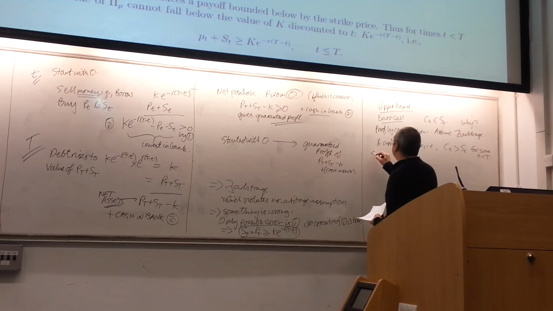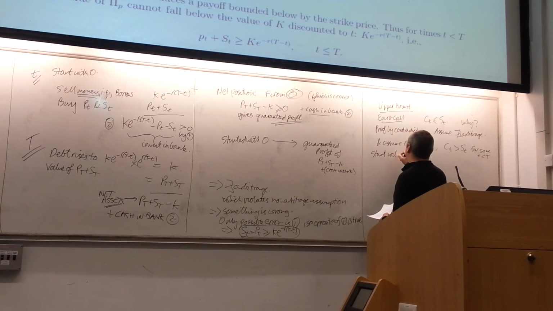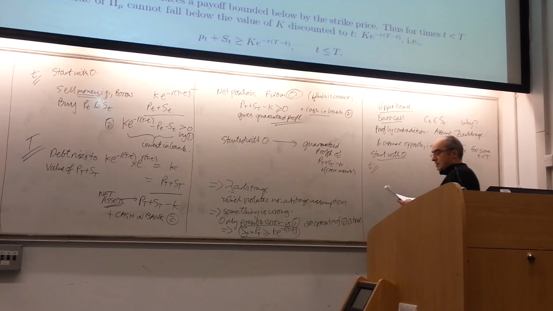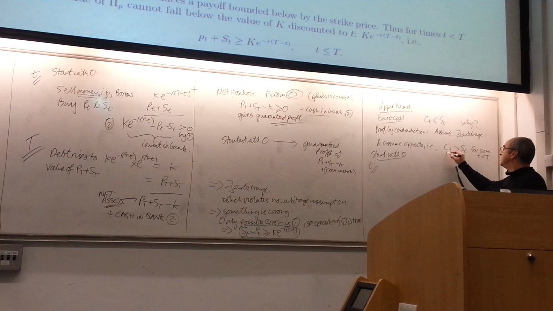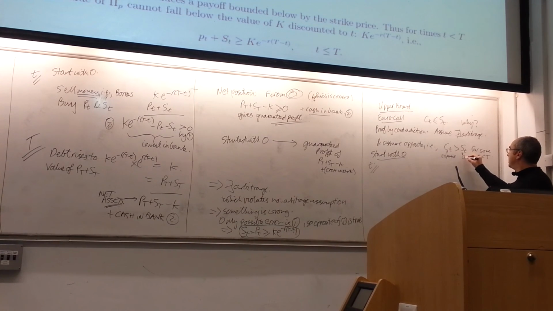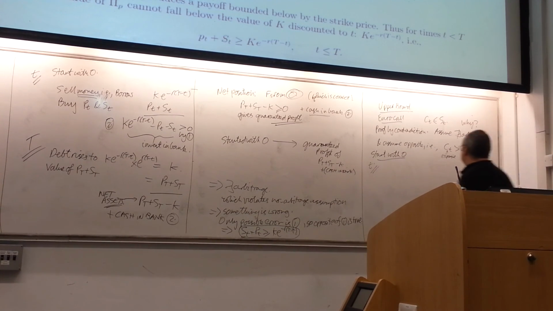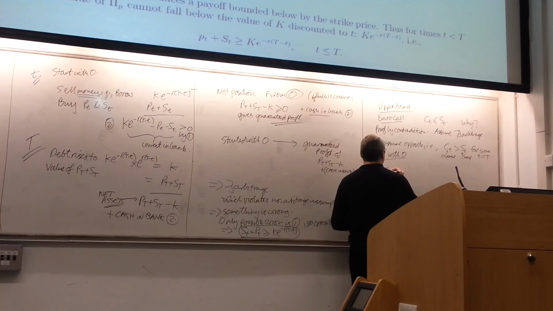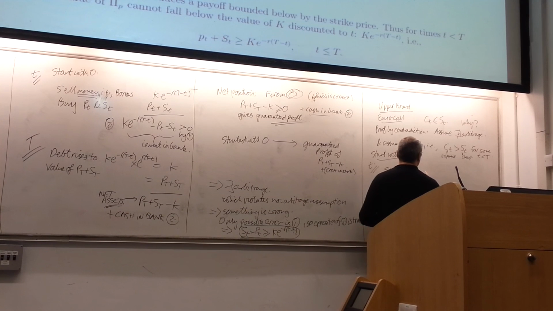So I'm going to start with nothing, okay, at t. And so what am I going to do? Well, in this case, this is the expensive, and this is the cheap. Okay? So if you sell expensive, buy cheap, so you sell, i.e. you write one European call.